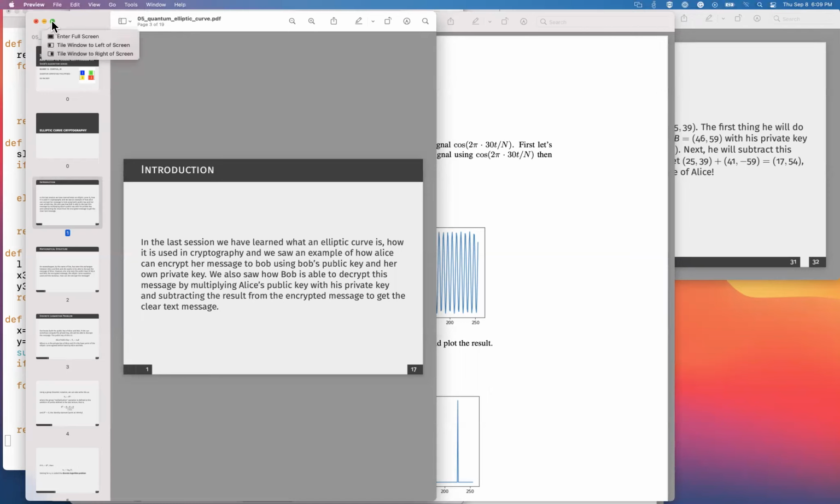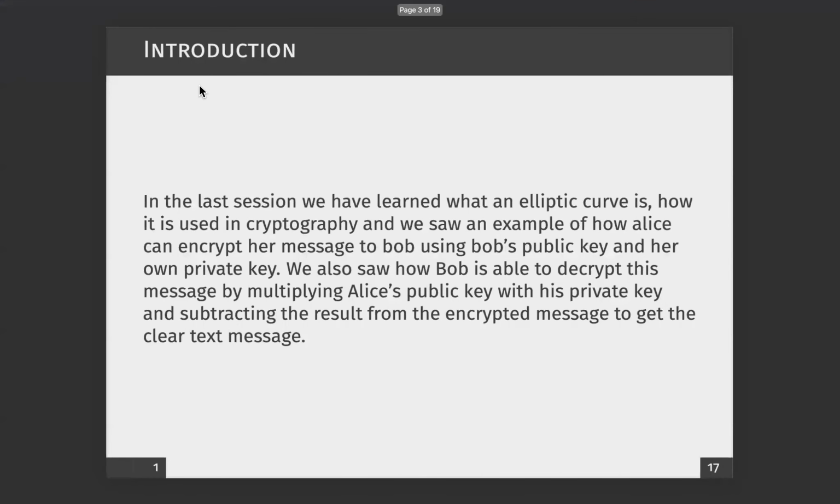Alice and Bob publish their public key based on elliptic curve cryptography, and Bob, in order to send a message to Alice, will use the public key of Alice to encrypt the message.